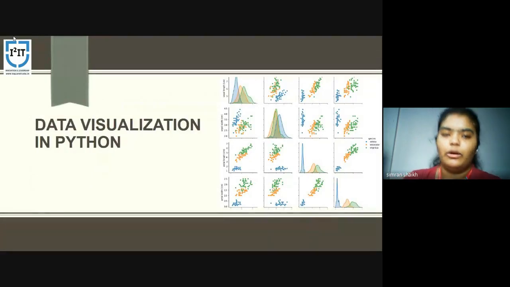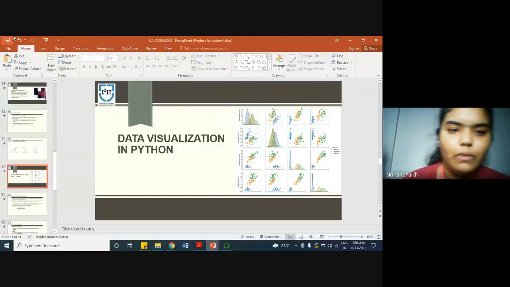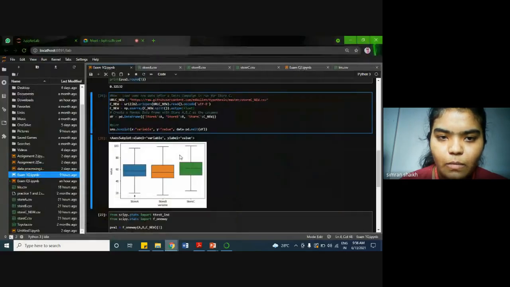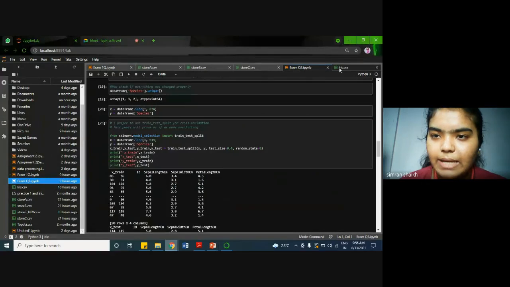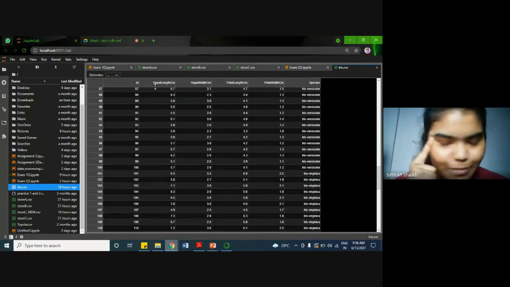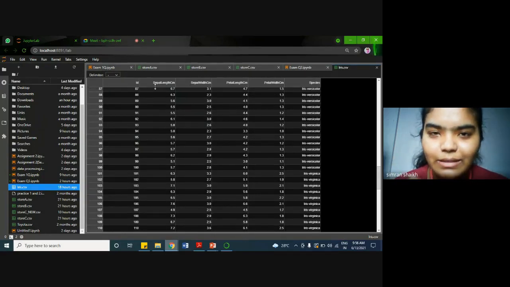Let's move on to my code for the correlation data. Now for the correlation, I have the data set iris. Now what is iris? It's not the pupil that you have. It's actually the blue color flower.